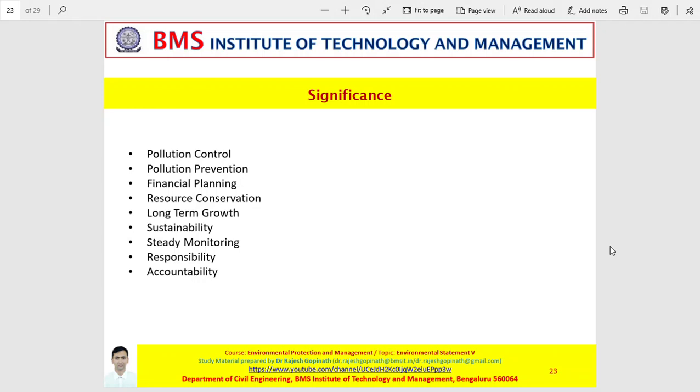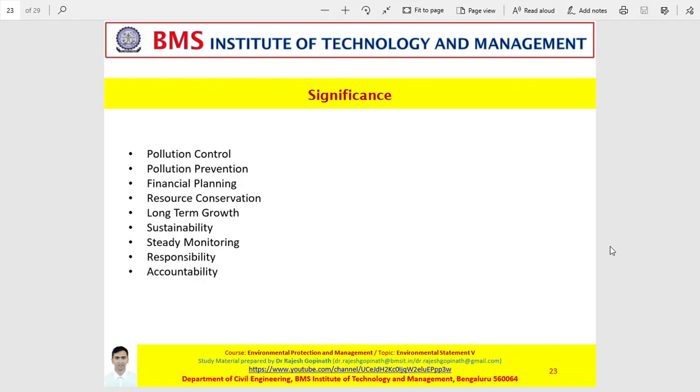All the necessary entries that the industry makes help towards pollution control, help towards pollution prevention. It gives insight to the industry to realize how to spend its finances. It invariably helps in conservation of natural resources. There is a long-term growth and sustainability when it comes to the industry and the environment.